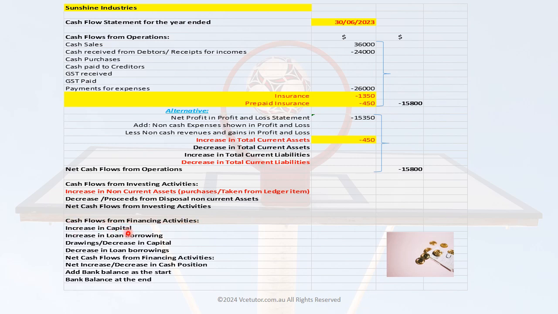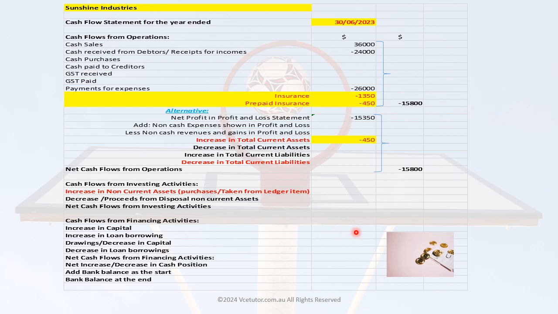Cash flows from financing activities deal with the equity and non-current liabilities only. So we take the amounts for this only from the equity in the balance sheet and the non-current liability in the balance sheet.